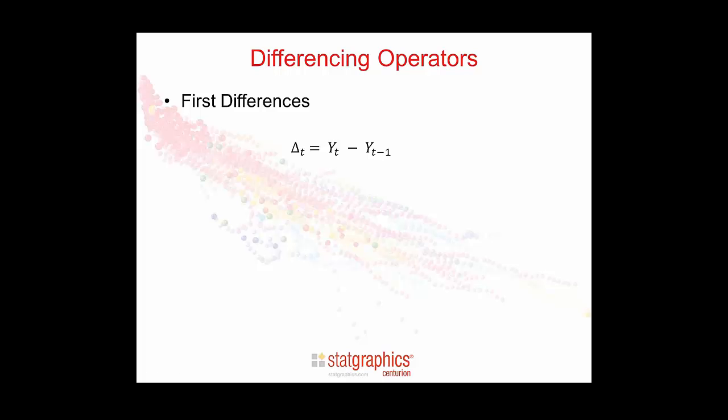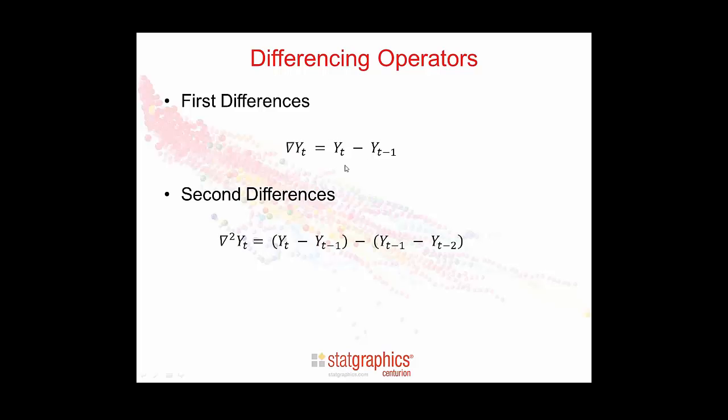If I talk about the first difference, that is how things have changed from time period t to time period t minus 1. Okay, the changes in the data. Sometimes rather than looking at the raw data itself, it's helpful to look at changes from one time period to the next.